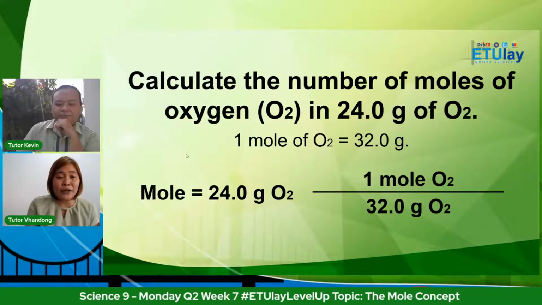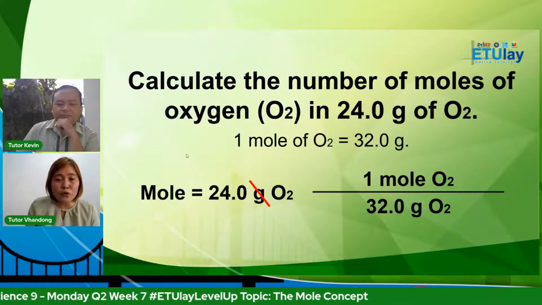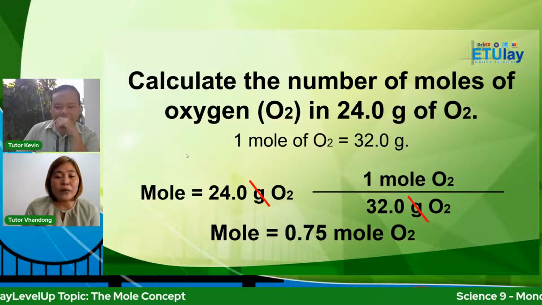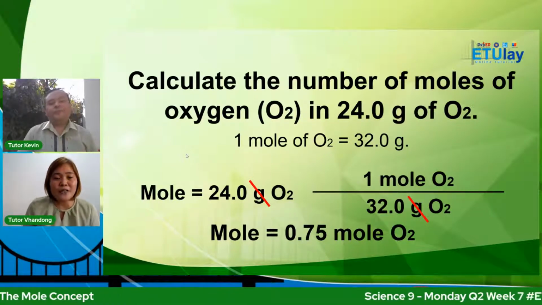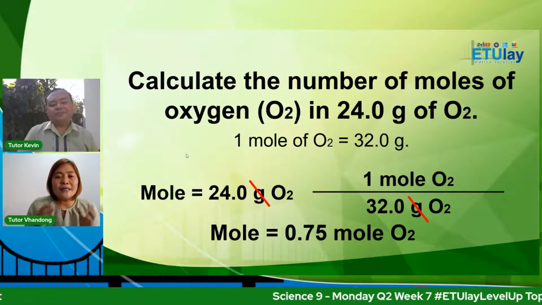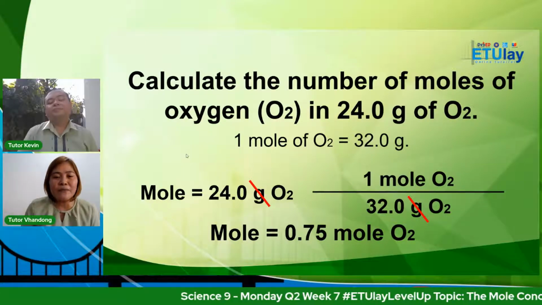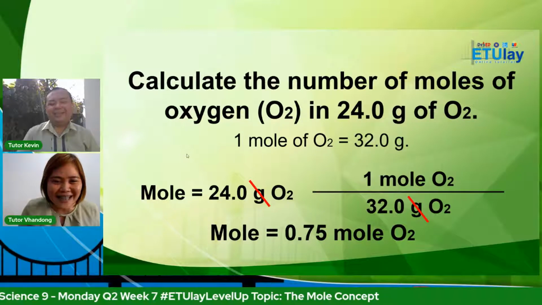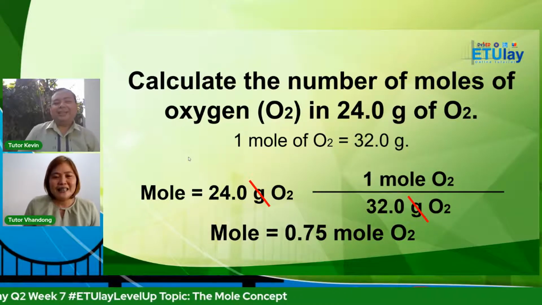Let us cancel the same unit, which is grams, so we arrive with the unit mole. The answer is 0.75 mole of oxygen. Just cancel the units.